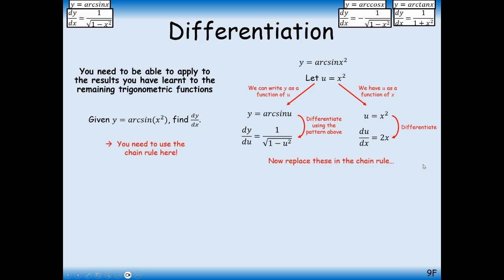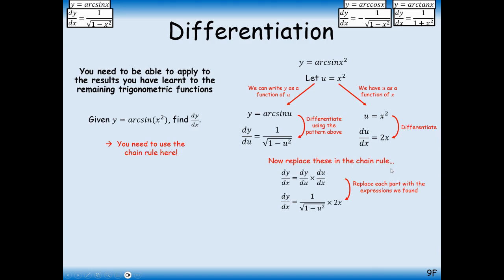So once we multiply these two together, as the chain rule suggests, we will have 2x over the square root of 1 minus u squared, but we need to replace u squared with x squared.